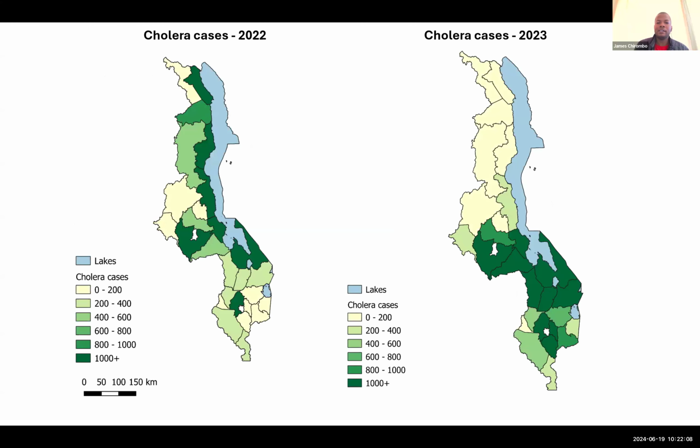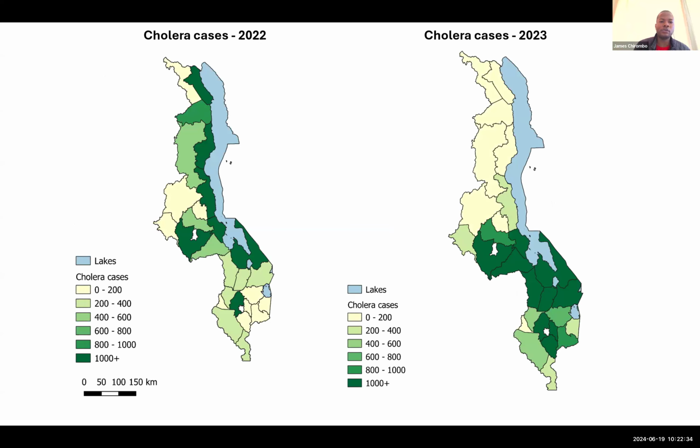So this is just a simple example of a map that one can produce. I've got cholera cases in 2022 and 2023. What you can see here, just making sense out of the top level information, you can look at, for example, the distribution.